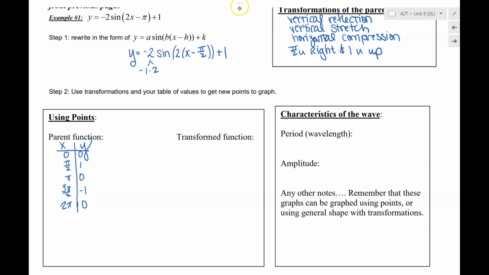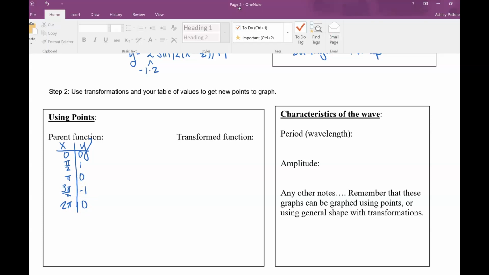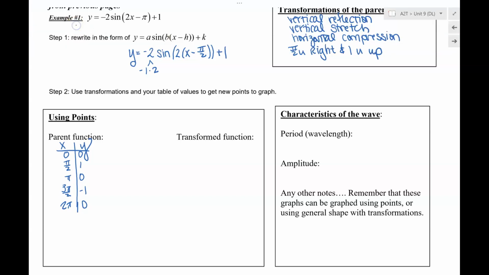Okay, and so as we've done in the past, sorry, with my cough, the reciprocal of b affects x. So we have 1/2 x plus pi over 2, because that's our h value. a is going to affect the y value, so -2y, and then plus 1, because that's our k value.